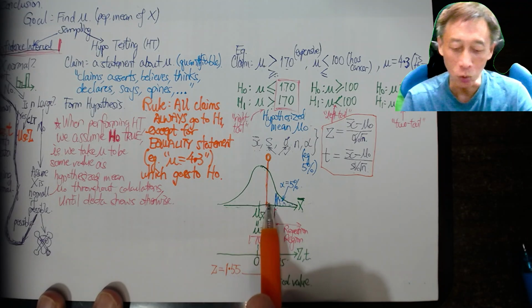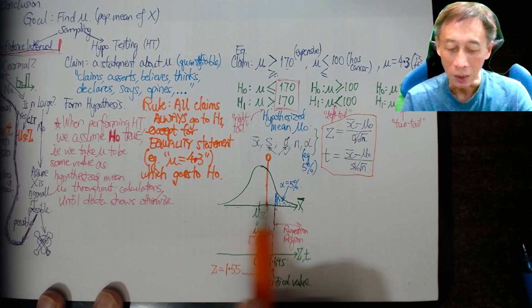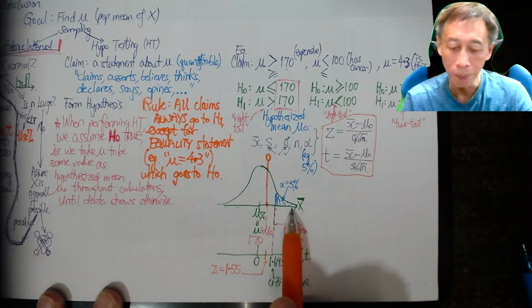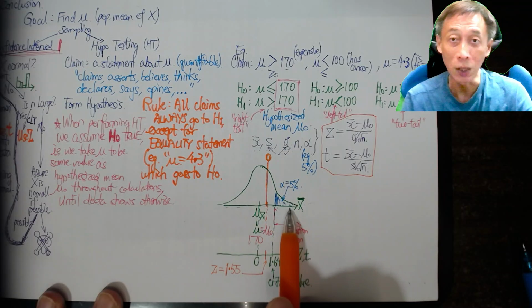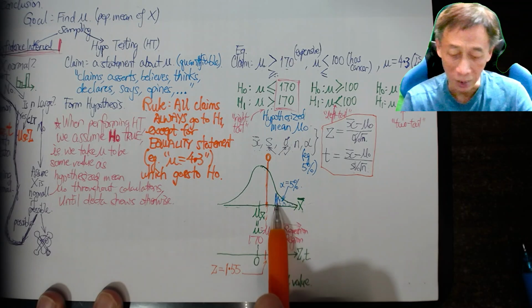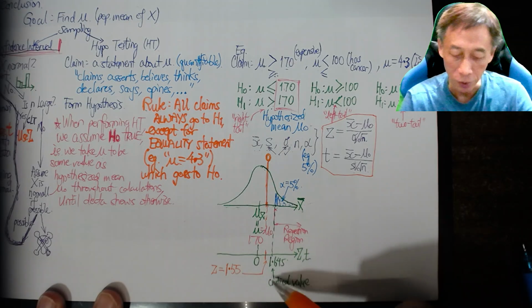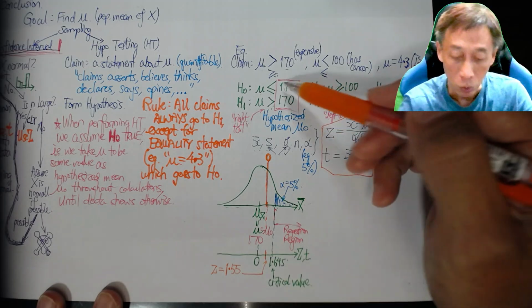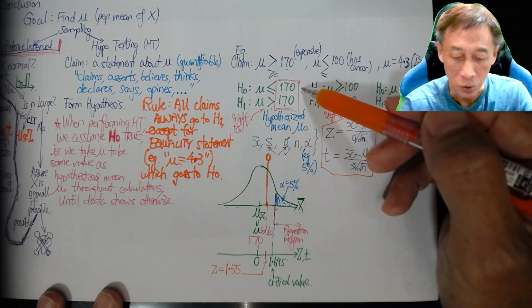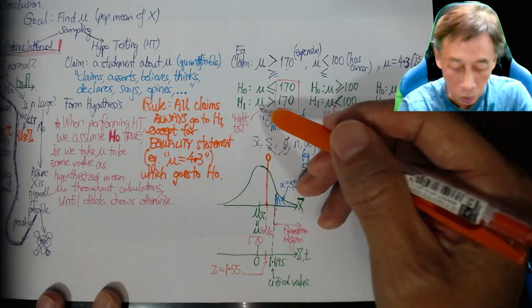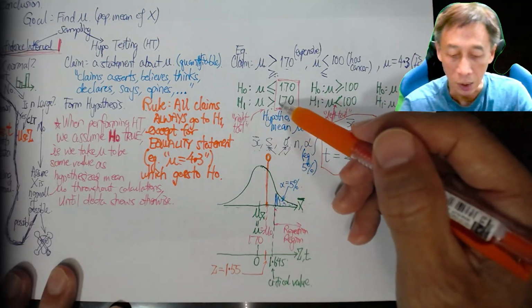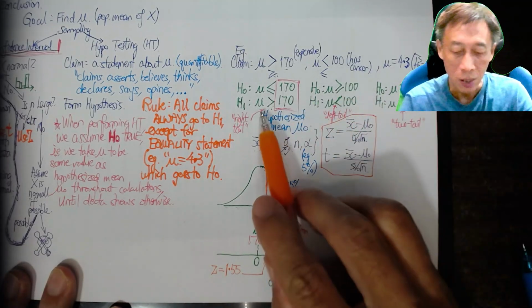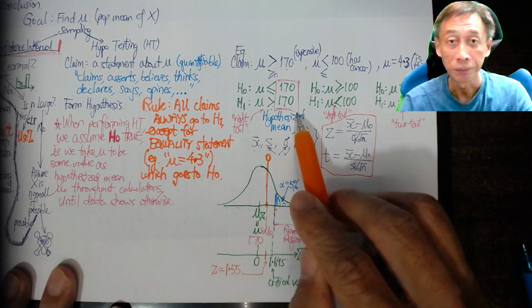So the pin is going to move, hover around. And if it should be so extreme, so much to the right that it breaches the critical value of 1.645, then we will have to reject the H naught. And we don't say accept, we say conclude that mu is greater than 170.